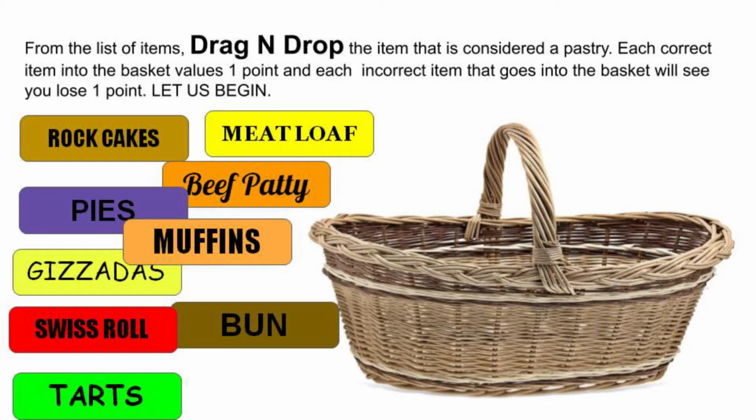Notice to the right, there is a basket. All you need to do is to select the word or the food that you consider a pastry and drop it in the basket. If you drop a food item that is not a pastry in the basket, you will lose 1 point.